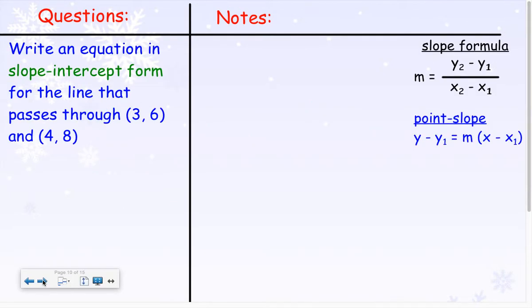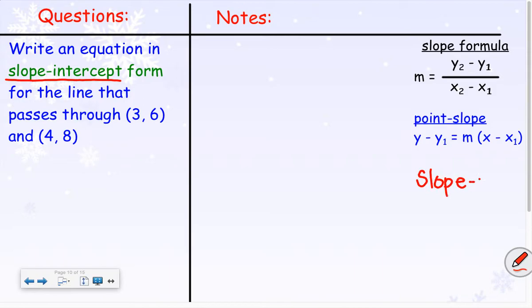Okay, now we're going to get into something new. It says write an equation in slope-intercept form for the line that passes through (3, 6) and (4, 8). On the right-hand side, you'll notice we have our slope formula and our point-slope formula. I'm also going to write down our slope-intercept formula because that's what we want our answer to be in.